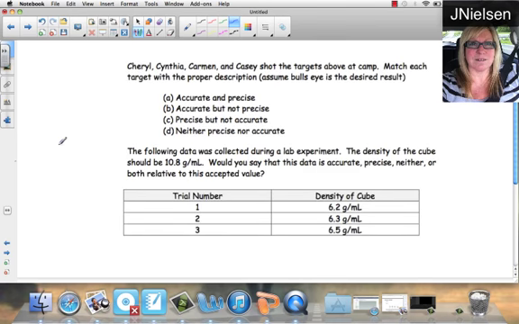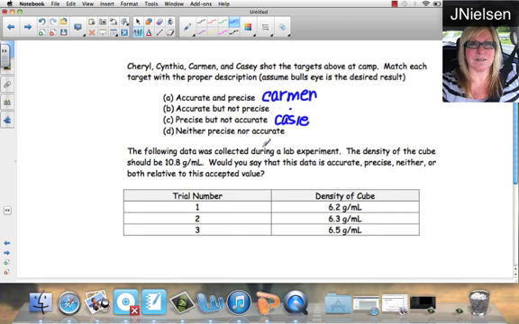So here's our question. Cheryl, Cynthia, Carmen, and Cassie shot the targets above. Match each target with the proper description. Assume that the bullseye is the intended target. So when you look at Carmen, we said that Carmen was accurate and precise. So we'll put Carmen's name here. Now we have precise but not accurate, we said was Cassie.